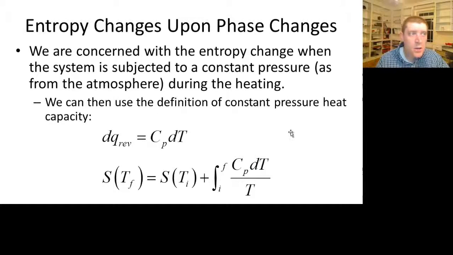All right. And now we're concerned with the entropy change when the system is subjected to a constant pressure, as from the atmosphere, or if we control it in some other way, during the heating. So we can then use our definition of constant pressure heat capacity, which is this guy. And we can plug that in. So if we replace dq here in our integral, we end up with this integral.